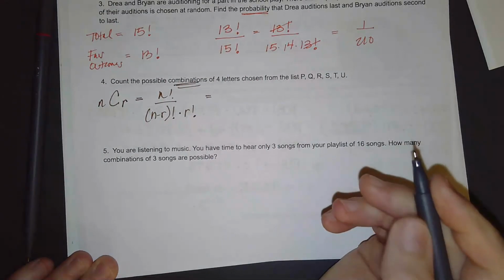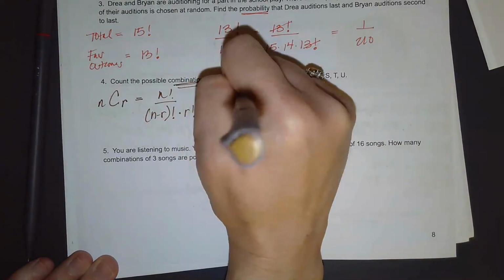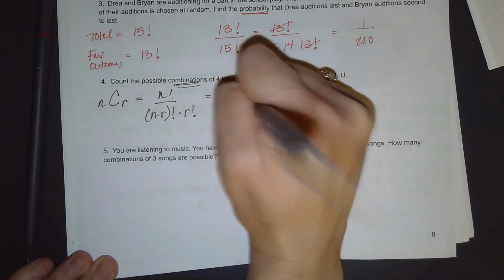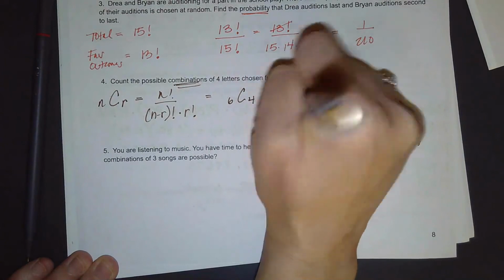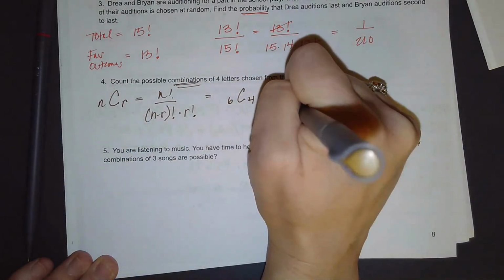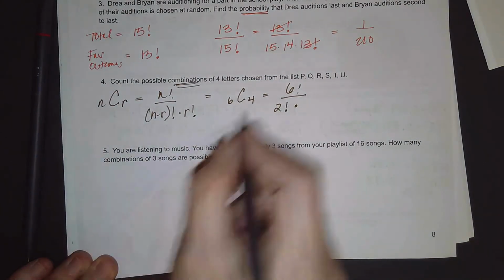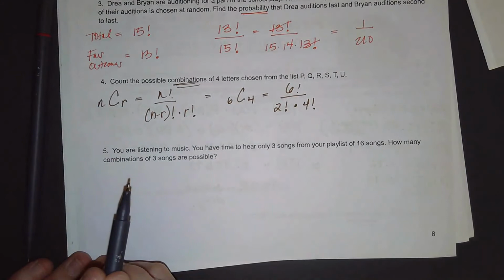There are 6 possible choices, so 6 is our n, and we want groups of 4. So this would be 6 factorial over 6 minus 4, which is 2 factorial, times r factorial, which is 4 factorial, because r is 4. So this would be 6 factorial over 2 factorial times 4 factorial.